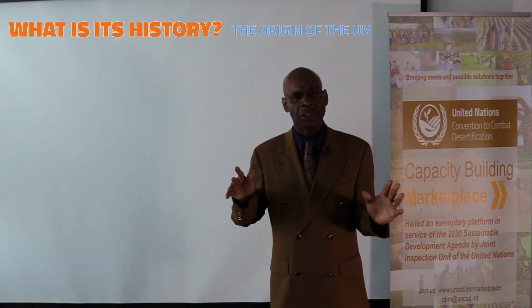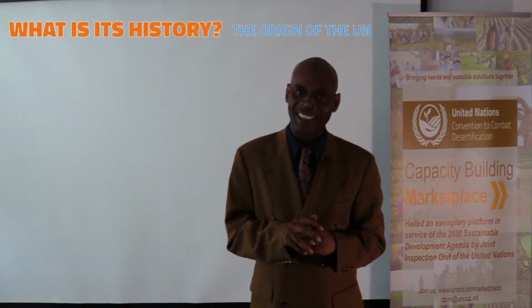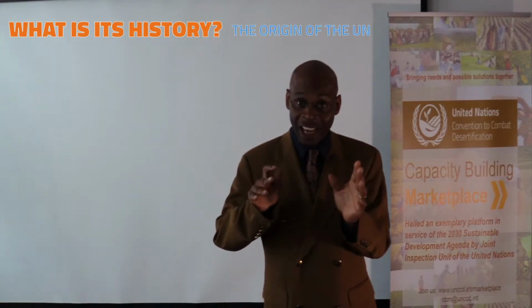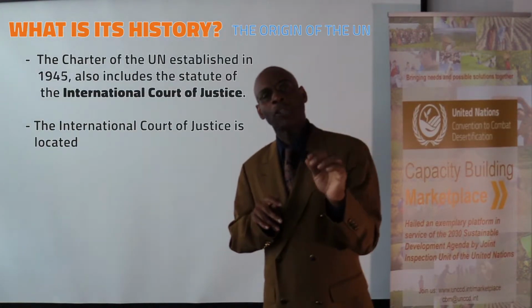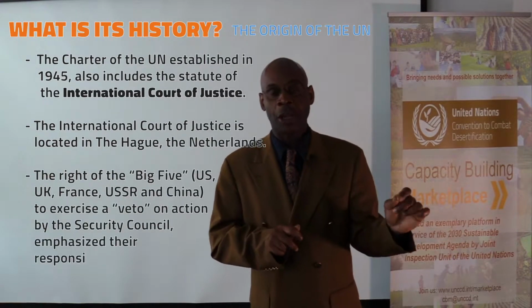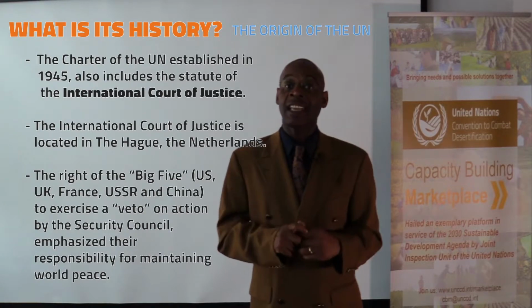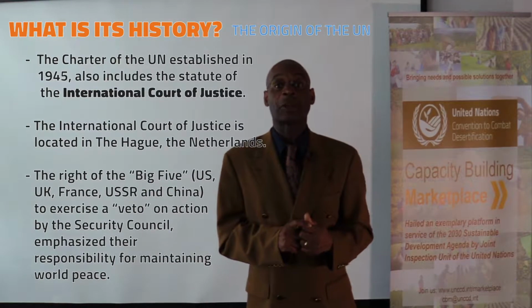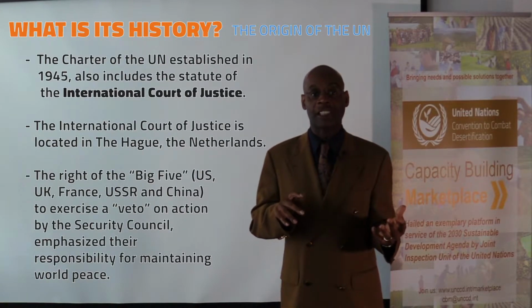Now, in order to guarantee peace and security, one needs justice. And so the Charter of the United Nations, which was adopted in 1945, also included what is called the statutes or the norms, the rules of an International Court of Justice. This International Court of Justice is established and is located in The Hague. And its task is to deal with the question of international justice.